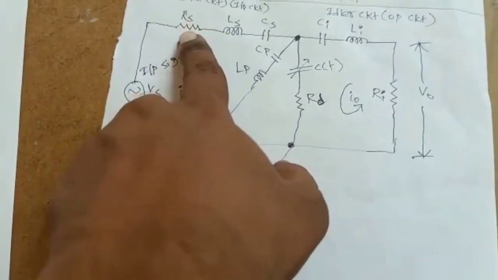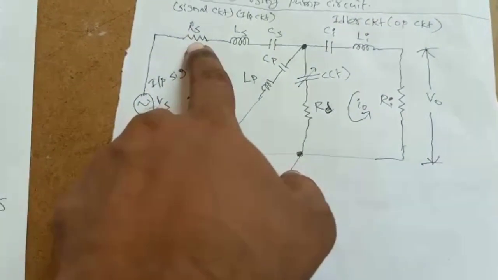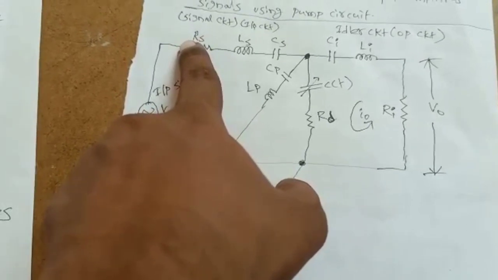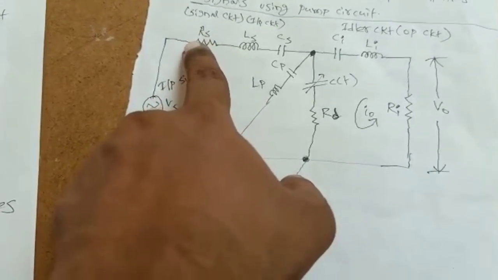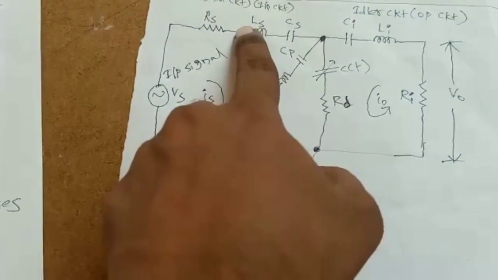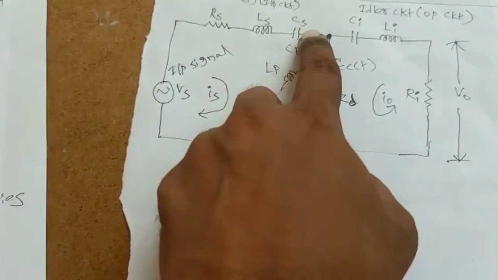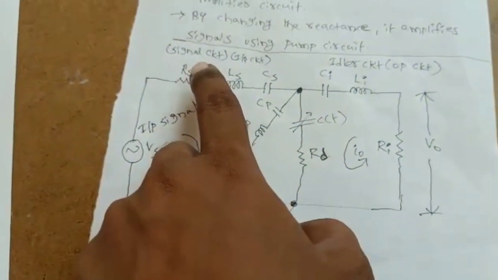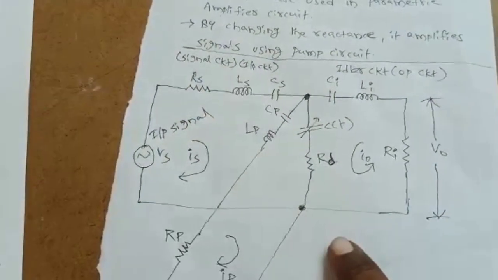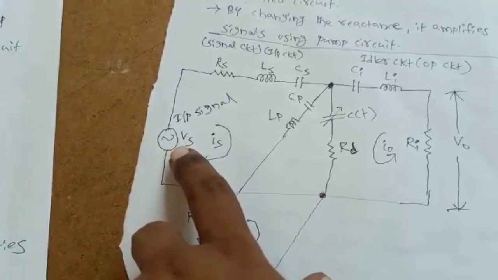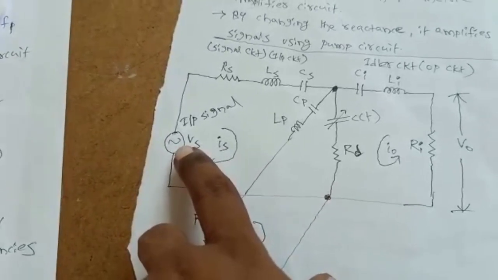Here RS means the signal resistance, the input signal resistance. Next LS, the signal inductance. Next CS, the signal capacitance. These three belong to the input circuit or signal circuit. Here Vs is the source voltage.